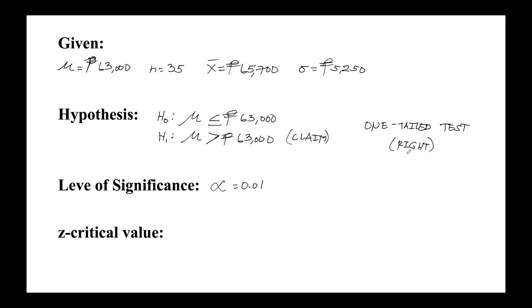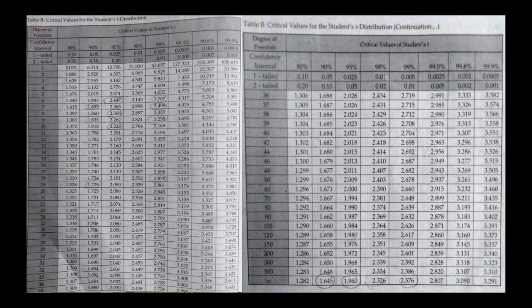Okay? So for the Z critical value, since this is a one-tailed test and the direction of the distribution is going to the right, let's check 0.01 alpha level.